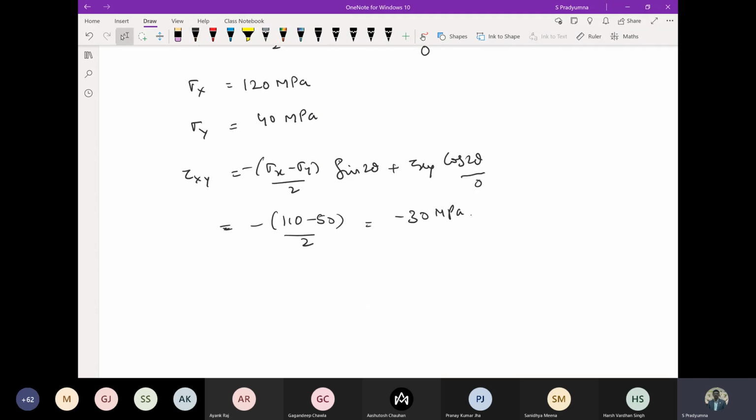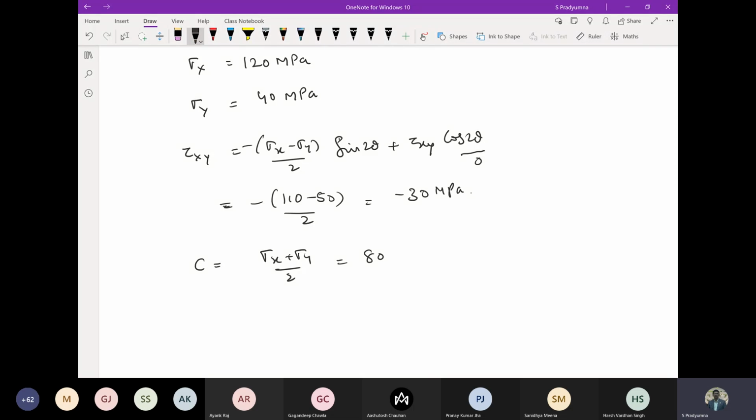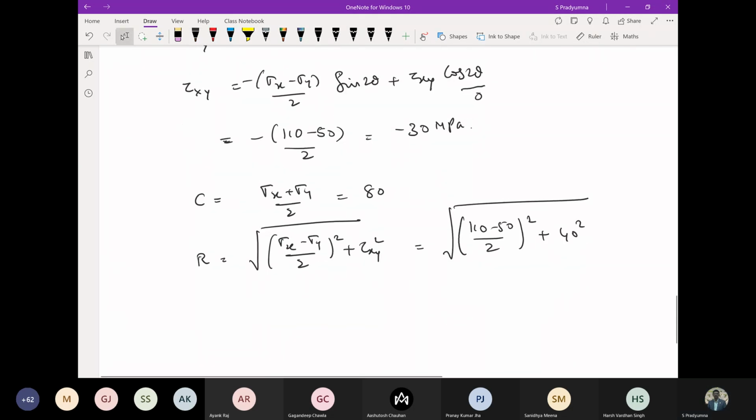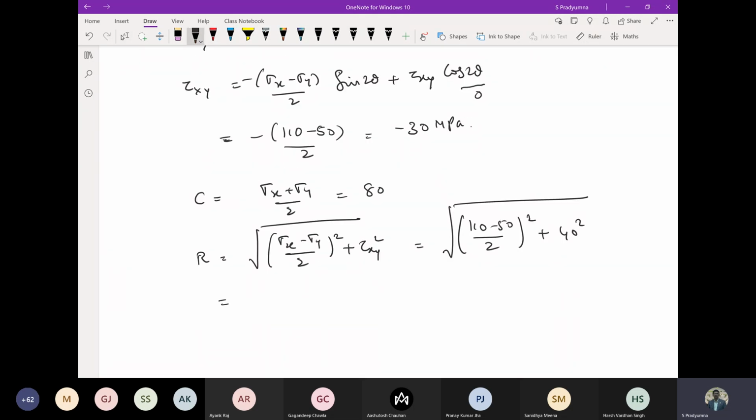Okay, so the center of the circle is sigma x plus sigma y by 2, which is equal to 80 comma 0. The radius is the square root of sigma x minus sigma y by 2 squared plus tau xy squared, which is the square root of 110 minus 50 by 2 squared plus 40 squared. That is 60 by 2, 30. 30 squared plus 40 squared, under root, is 50.